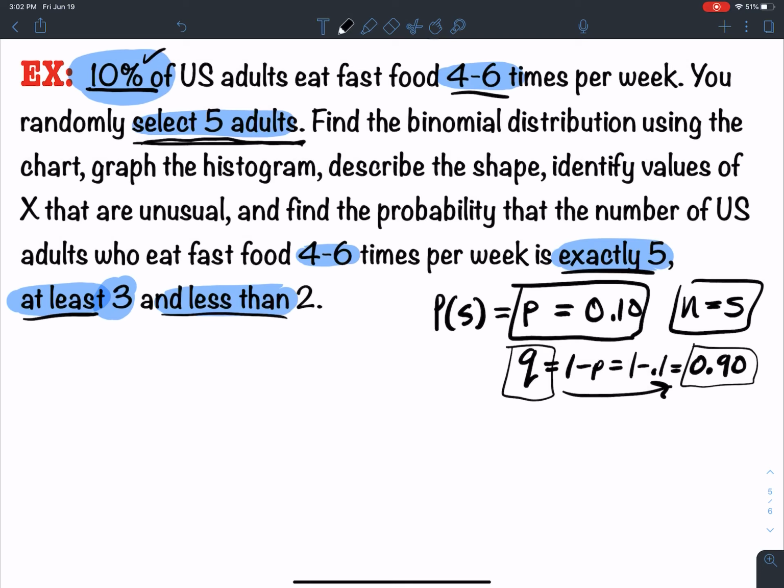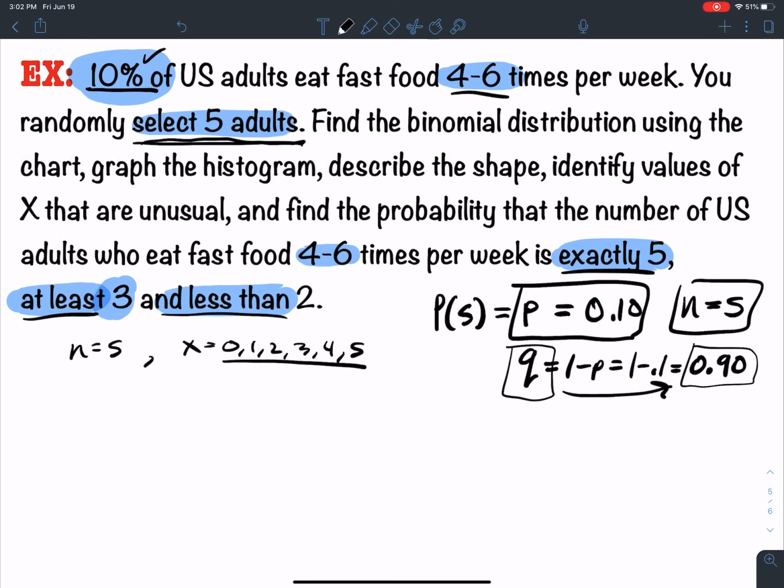Now, if I have my N, P, Q, then I can get my probability distribution from the table. So the first thing I need is N, which is 5. And then I need my X. Well, X is going to be 0, 1, 2, 3, 4, and 5. Those are all the possible values for the random variable.